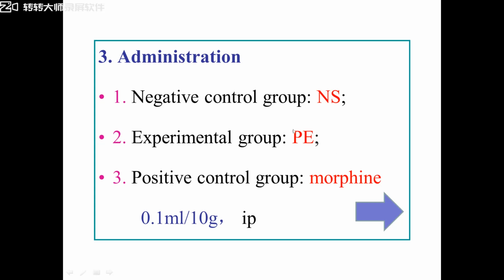And then PE. We don't know the result. Later we will do the results. For example, maybe before we inject PE, we know the pain threshold of the second mouse is about 10 seconds.